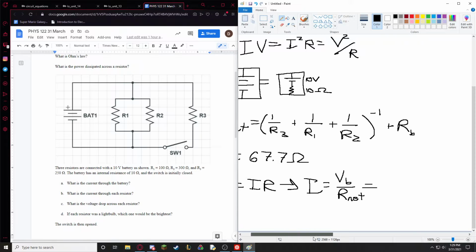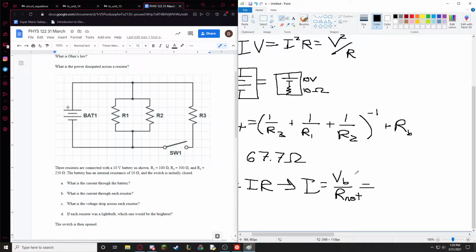We should get a current of about 0.148 amps. So I'm going to call it 148 milliamps. Everyone else get that?